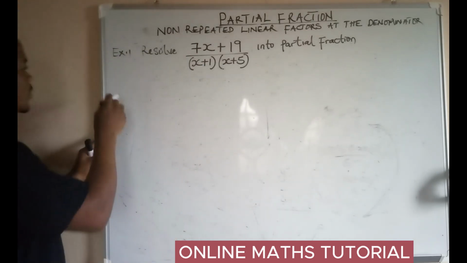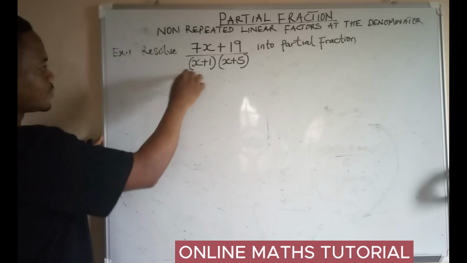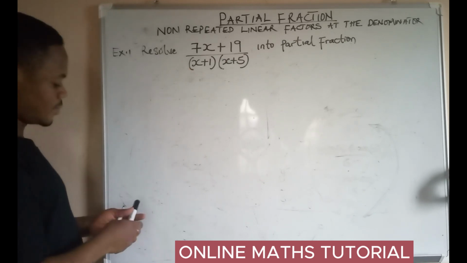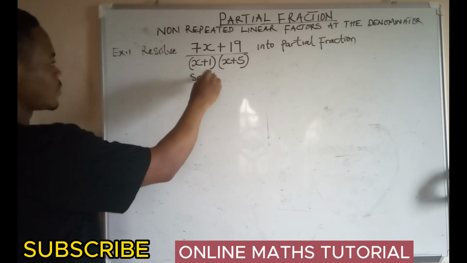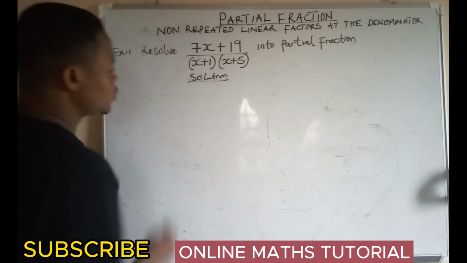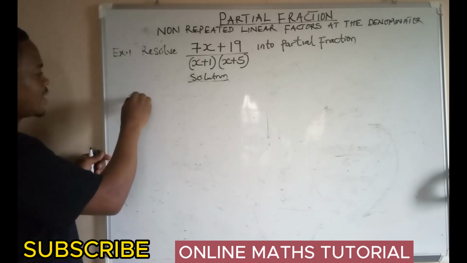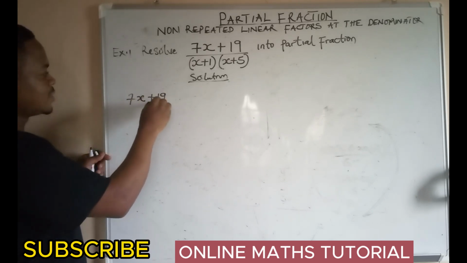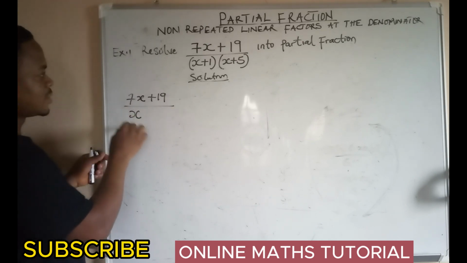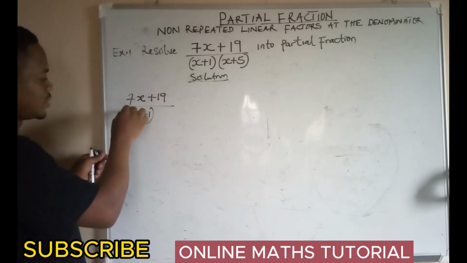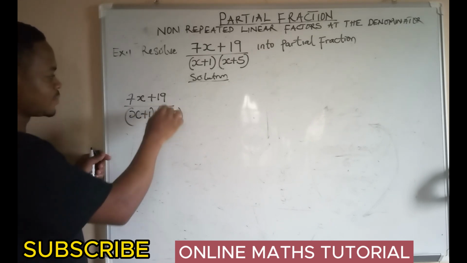So we now have the solution. We say 7x plus 19 divided by x plus 1 into x plus 5.